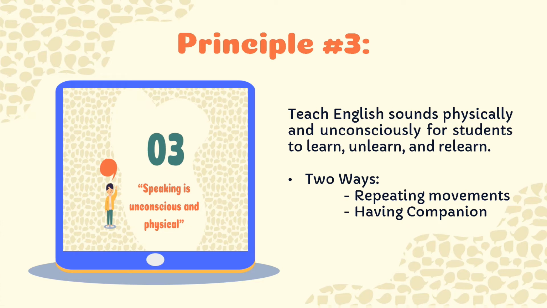To be sure that it works, we can try it out and see if we can make specific movements that speed up and improve the learning of English sounds. Using these two ideas, the repetitive movements and accompaniment will help our students change or learn their pronunciation. And we can teach rhythms the same way.